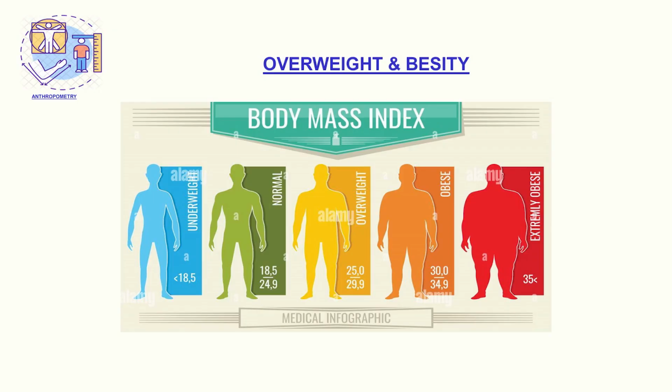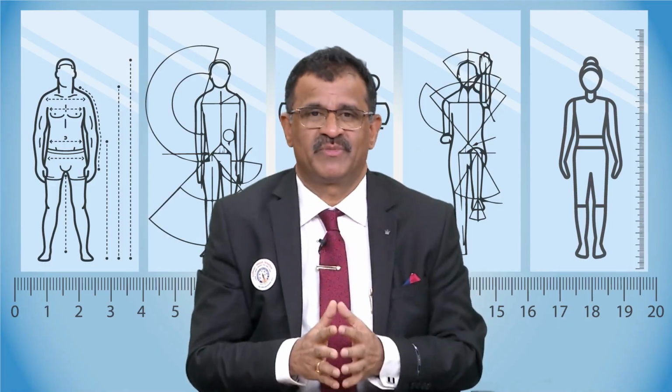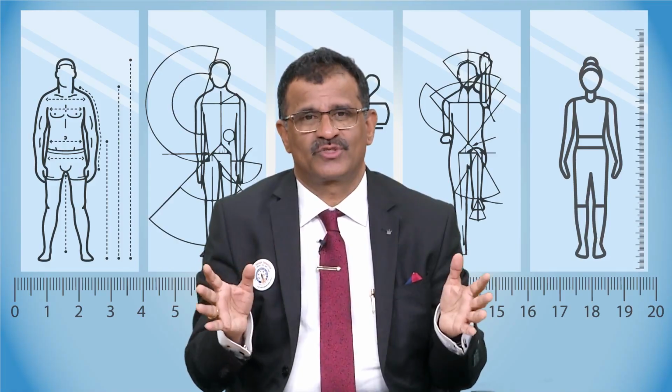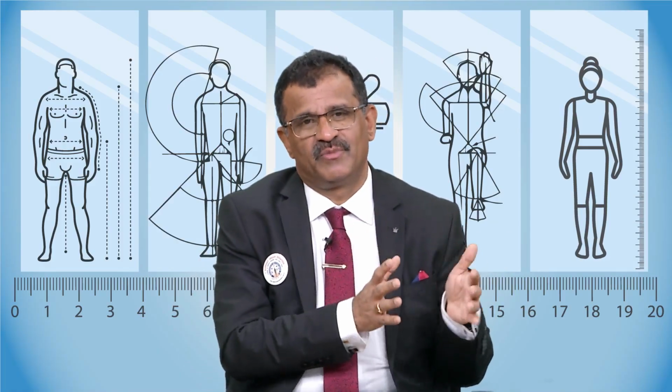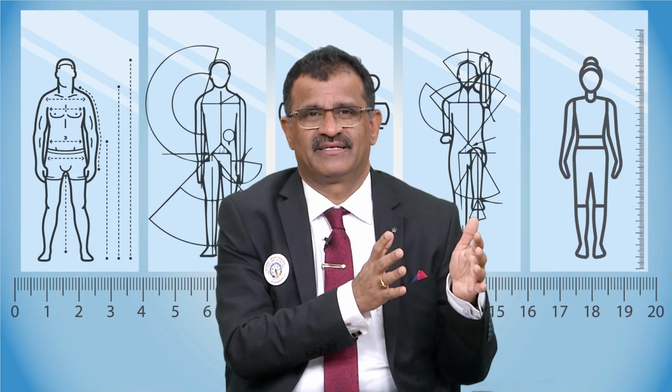Here in this image you can see a person in blue color, whose body mass index is less than 18.5. So, his anthropometric measurements will of course be different and they will always be less.